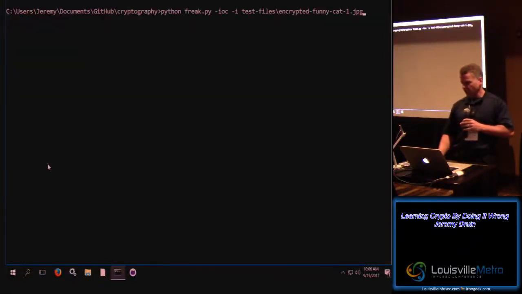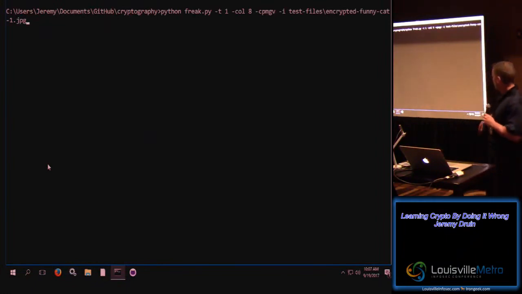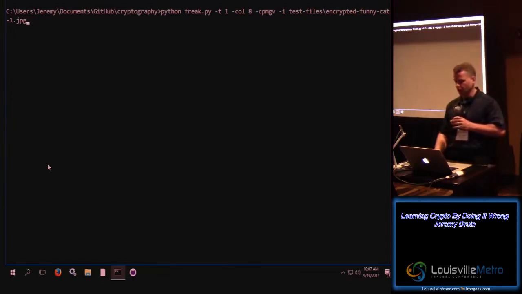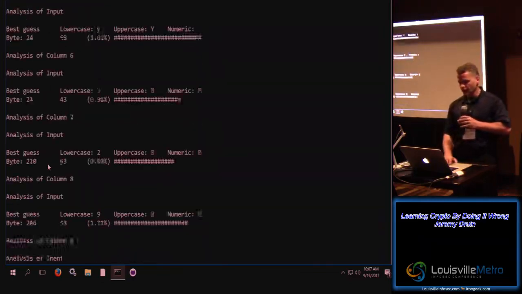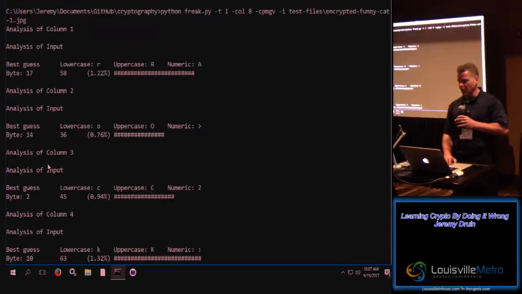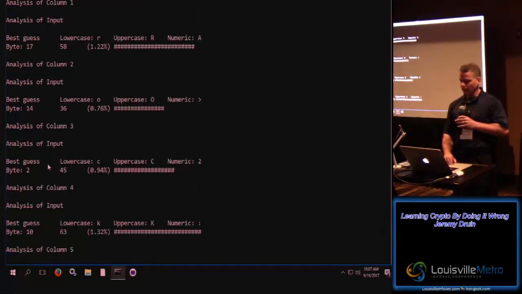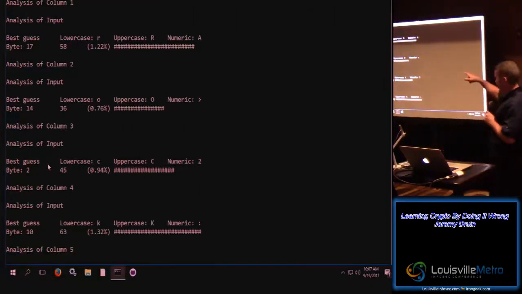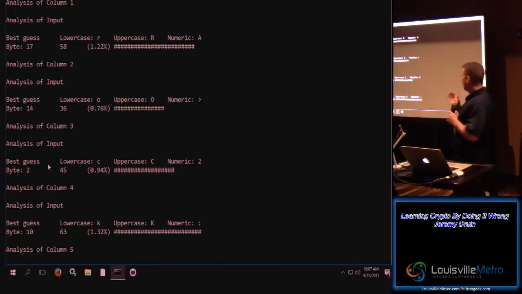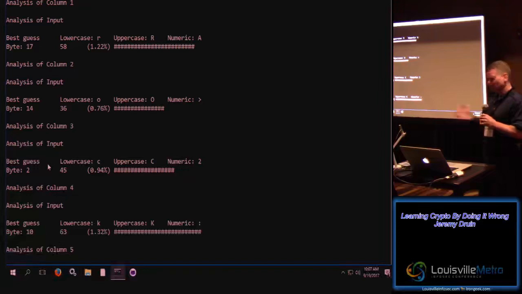So we'll run another command, which breaks it up into columns of 8. I had to learn the index of coincidence first, then bring that number back in here, plug in 8, and then give the computer the file. When I run this analysis, it works on one column at a time, like we said, and it says the byte 17 was by far the most popular in our file for the first column.